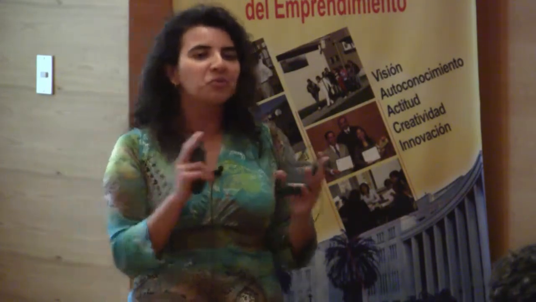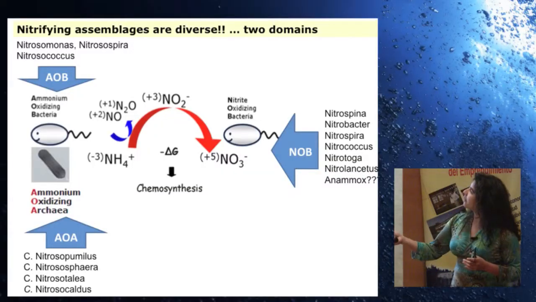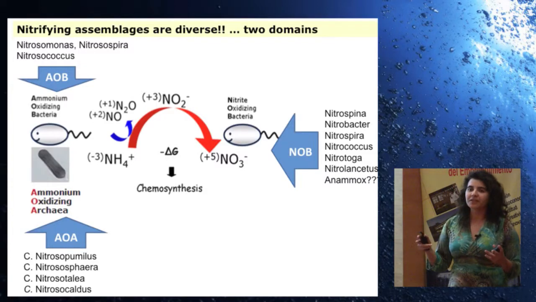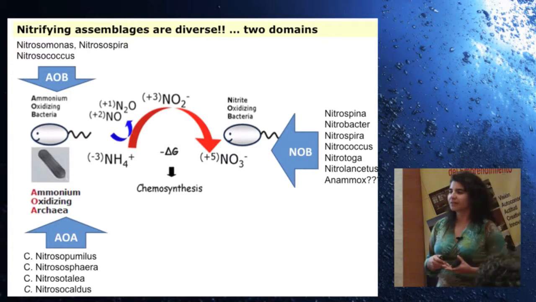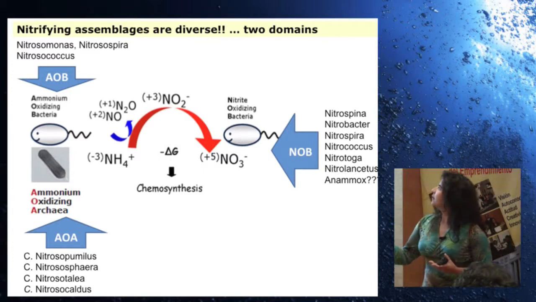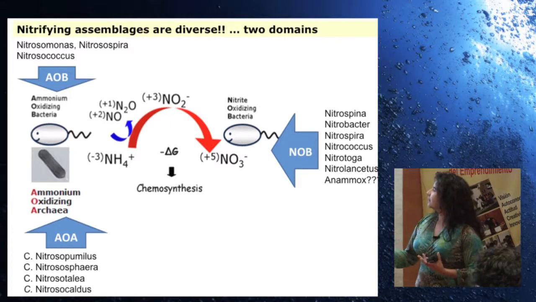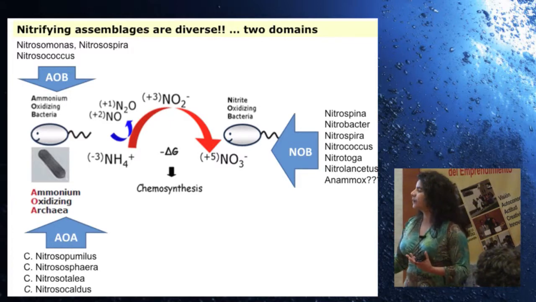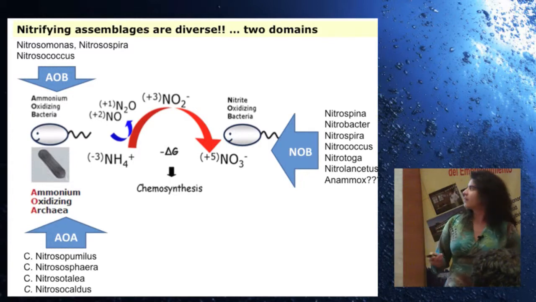Before it was like two main important groups, but now we know that the groups are related to two domains. For example, for the first functional guild of nitrification, ammonium oxidation, for bacteria, we know that there are several genera. For ammonium oxidizing archaea, now we know that there are many candidates related to these groups.